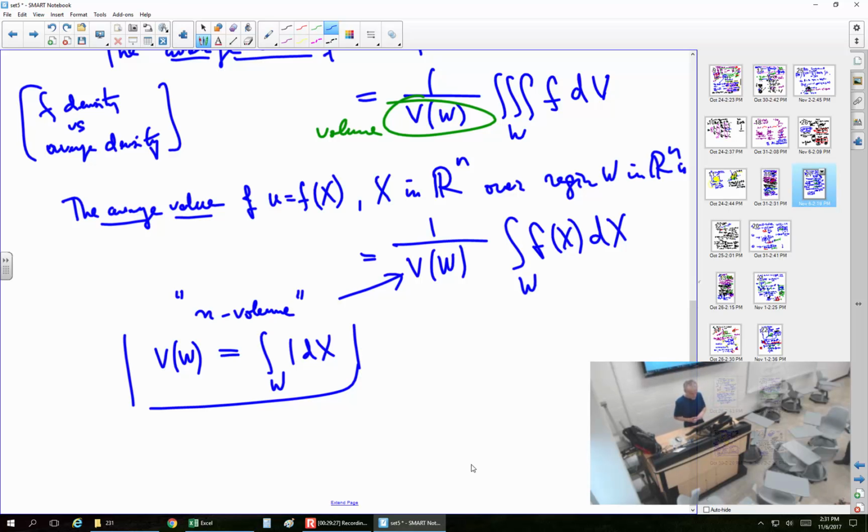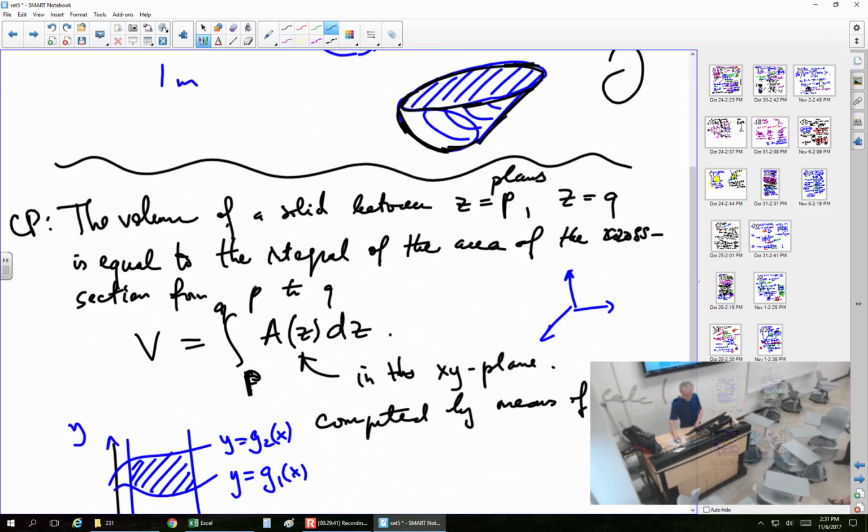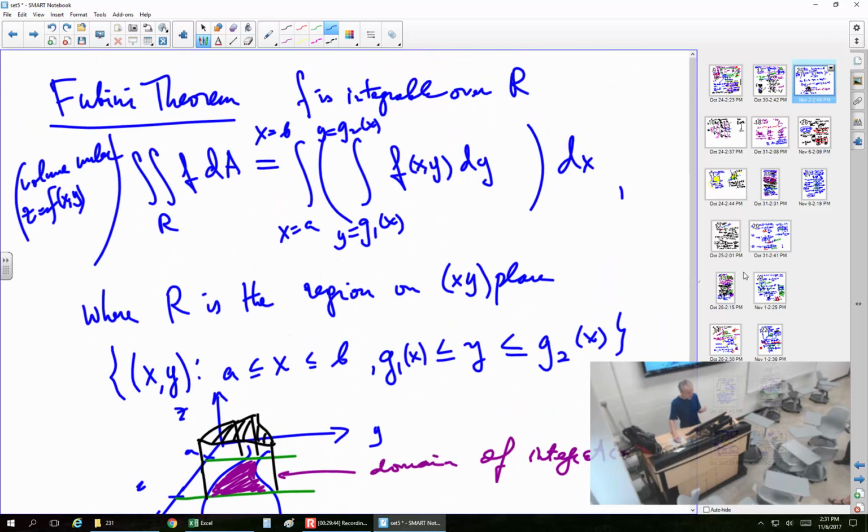Okay, so the only thing that remains here is to mention the Fubini theorem. So let me go back a little bit to the last Fubini theorem, which was two-dimensional, and now let's think about what a triple integral would look like.